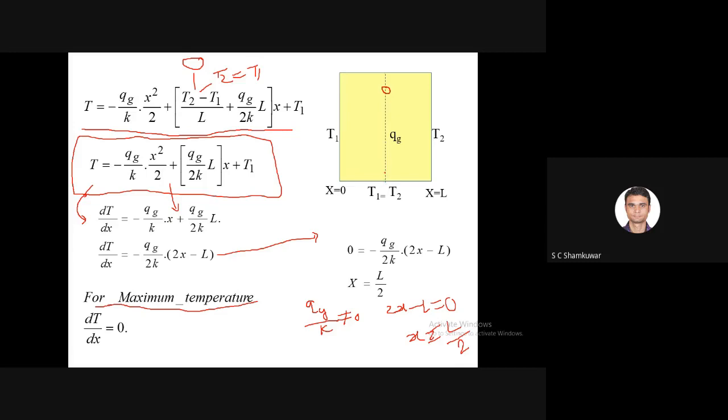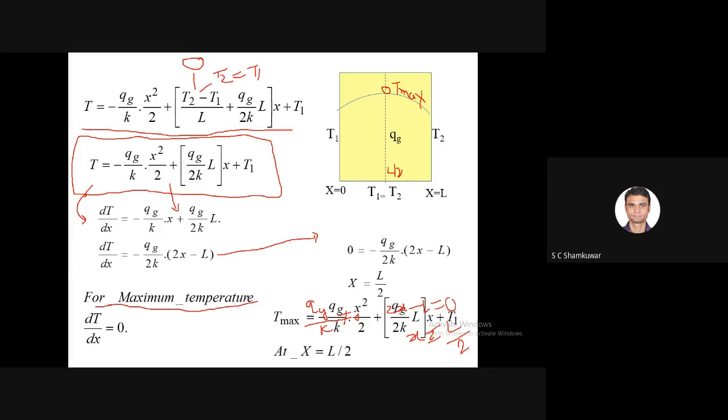So where is x equal to L by 2? Here is L by 2, so here we get T max. Because of heat generation, you will get T max here, and the temperature profile is maximum here and then it reduces. So we have found the distance at which T max will exist.